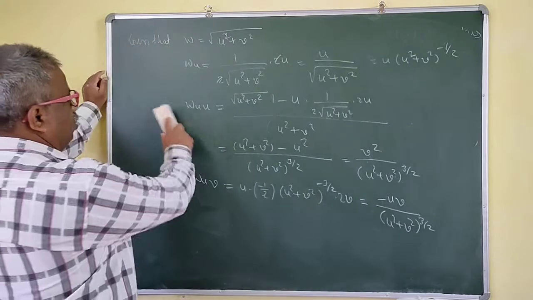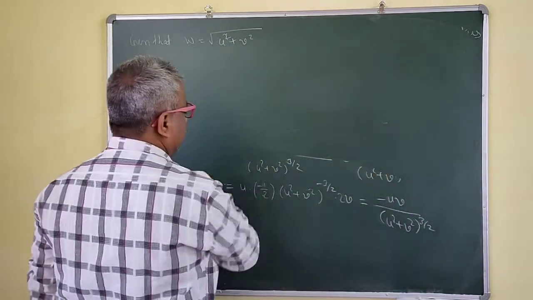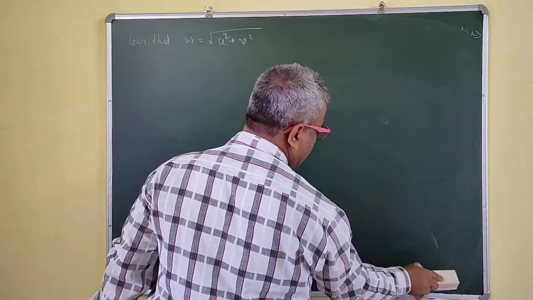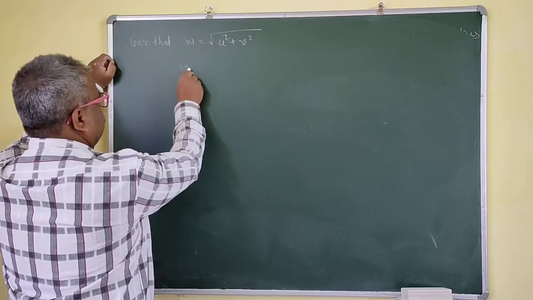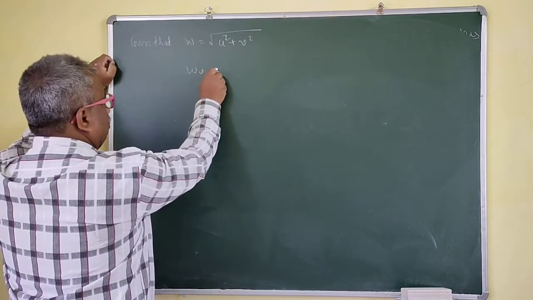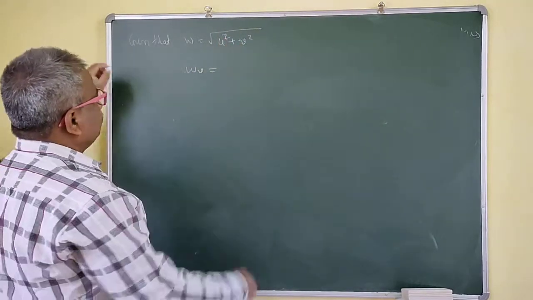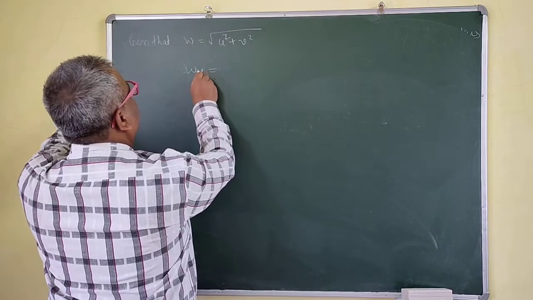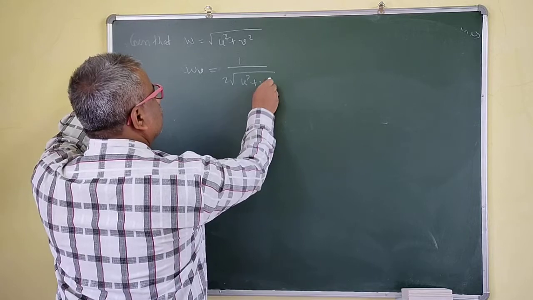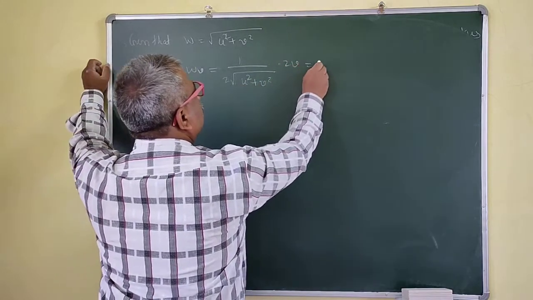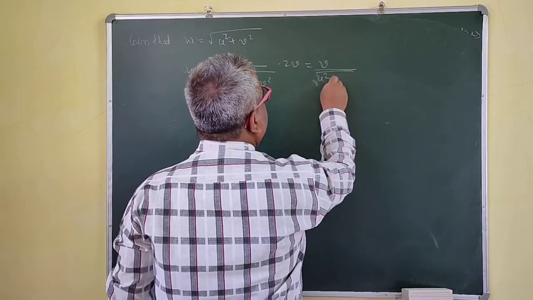Now we will find the third order partial derivative. We will differentiate this with respect to v, and then with respect to u and v. Actually if you interchange u and v, we get the same thing, so we'll check this. For w_v, this is 1 upon 2 root of u square plus v square into twice v, so this is v upon root of u square plus v square.